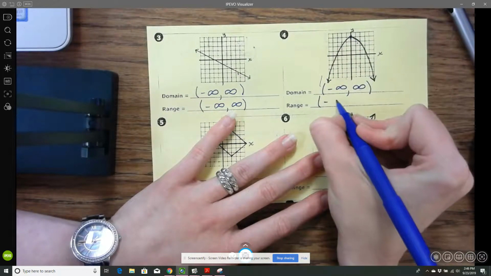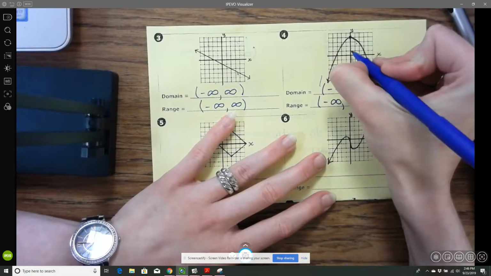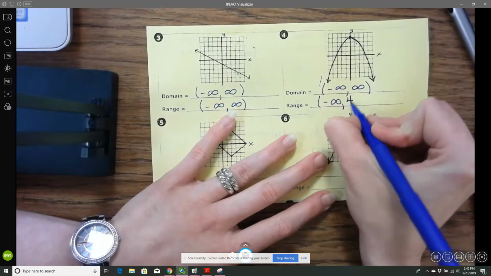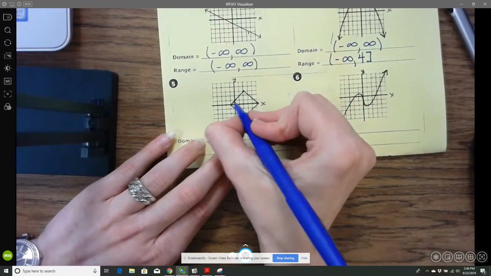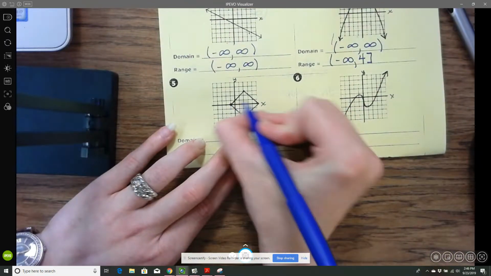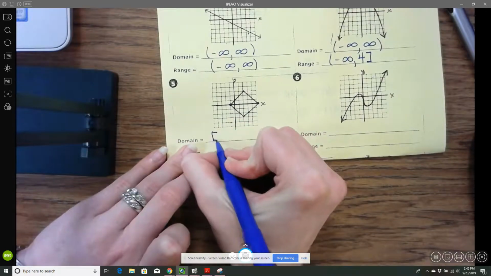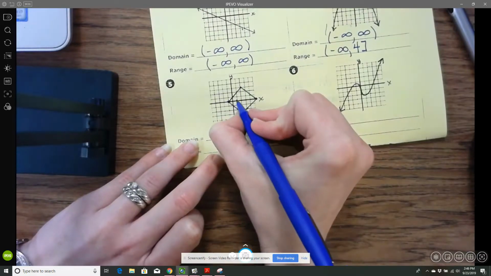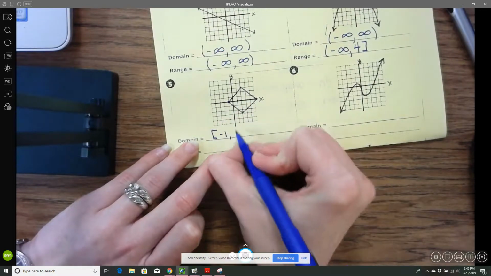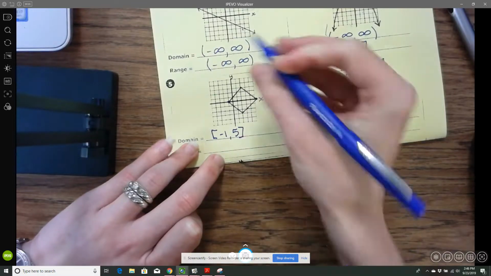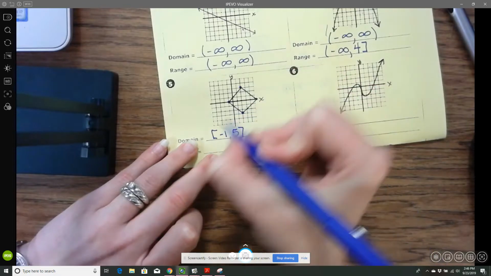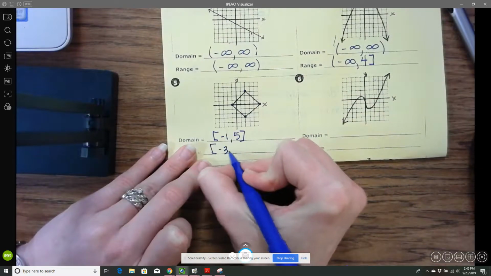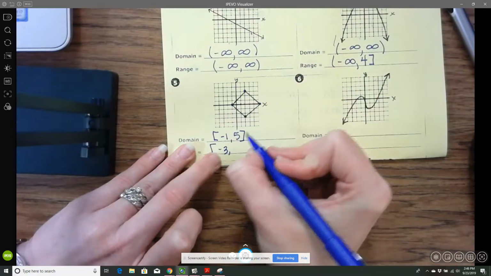So my range is going to be from -infinity to +4. All right, from 5, if I go from left to right, I'm going to go from -1 to 1, 2, 3, 4, 5. And then if I go up and down, I go from -3 to +3.